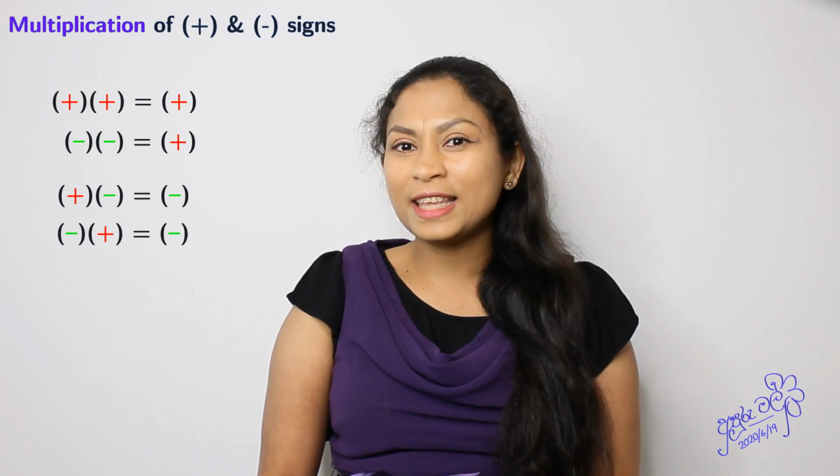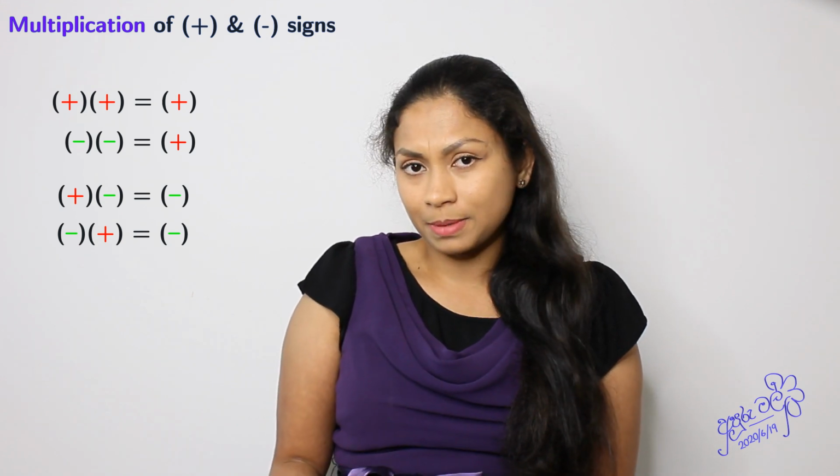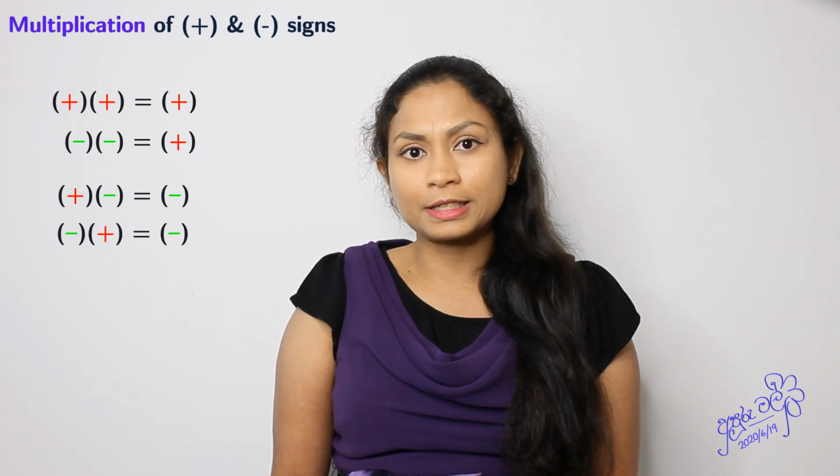Look, in these multiplications, I didn't use the cross or star or dot to represent the multiplication. Instead, I used the parentheses. From this point onward, you're also going to use only the parentheses and never the other symbols.